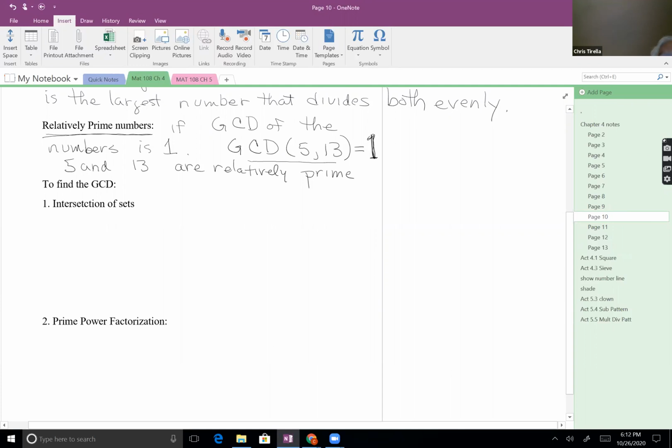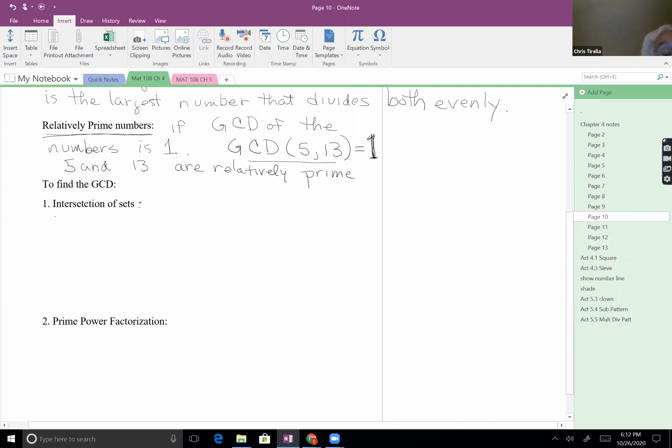There's a couple of different ways that the authors of the textbook ask you to find the greatest common divisor of two numbers. And one is to take the intersection of their sets.